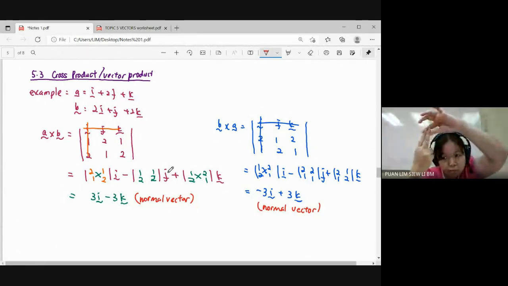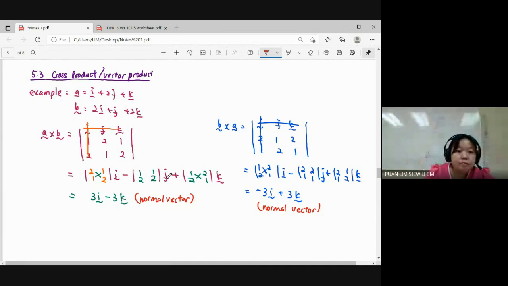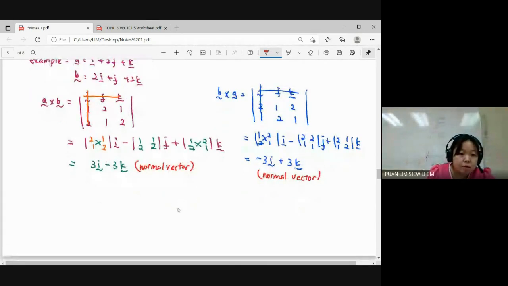So it should be parallel. So when you parallel, can you cross something inside? You tak boleh nak cross something. If you buka macam ni, you have different direction already. So from here, maklumat tersirat. Bila kita A cross B dapat kosong, bermaksud A is parallel to B.